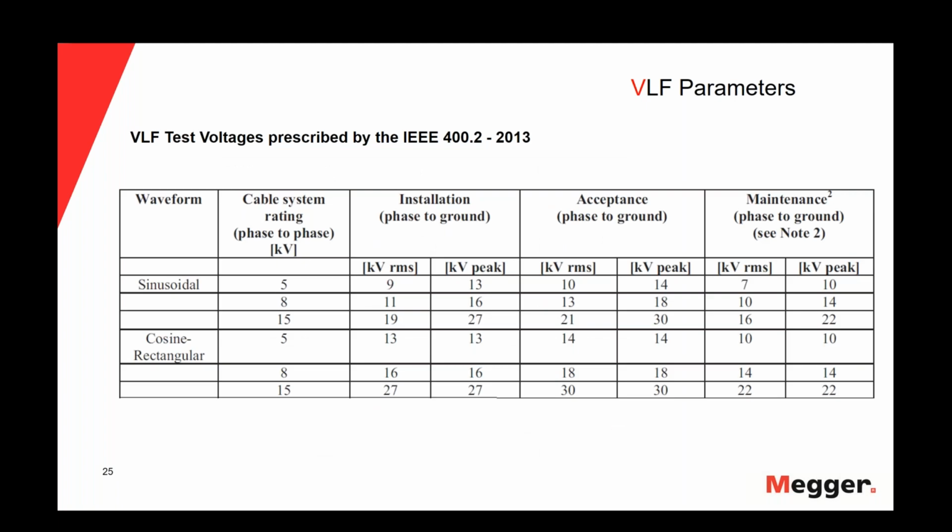Just to show you the difference between the voltages for the two technologies, for the same rated cable, 15 kV, for an acceptance test, a sinus VLF test will apply 21 kV RMS, which means 30 kV peak. In the case of the cosine rectangular, the RMS and the peak voltage are the same. For this reason, we have 30 kV.